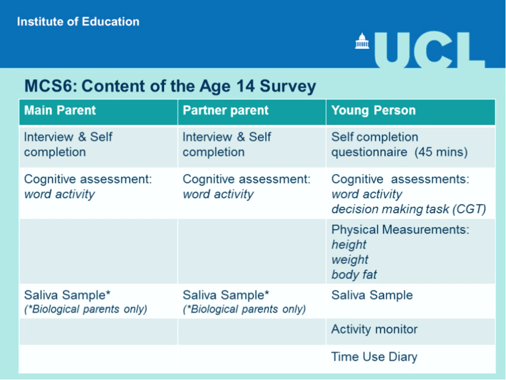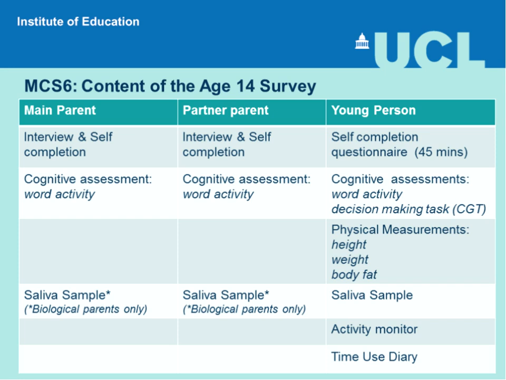As I've already shown, we're carrying out the 3 physical measurements of the young person at age 14: height, weight and body fat percentage as well. And we are also for the first time collecting saliva samples for DNA extraction from both the young person themselves and also from biological parents who are resident in the household, the main and the partner parent, where they give their permission.